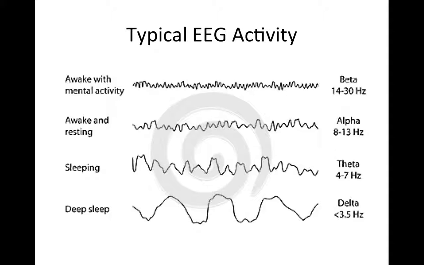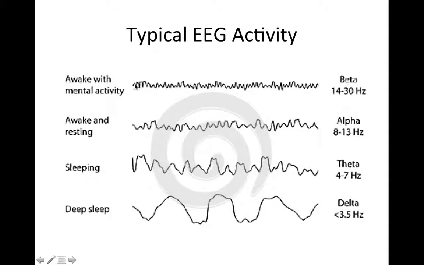Now, typical EEG activity is you'll see something like this when you're awake, and we call those beta frequencies. When you're sort of resting, maybe even quiet and just hanging out, you might get these alpha frequencies where you can see activity is slowing down.